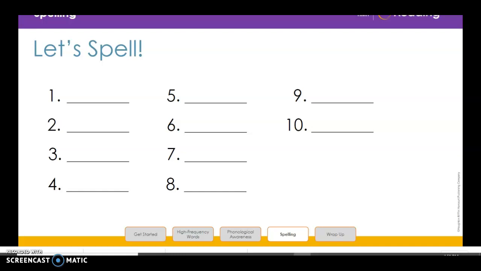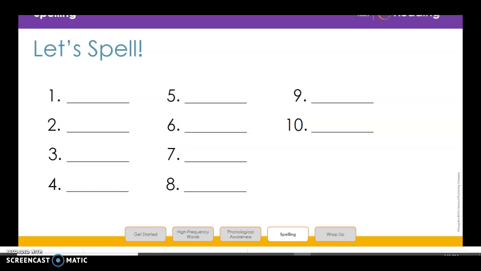Number 4, spit. Please spit out your gum. Spit. Number 5, split. I split a cookie with him.